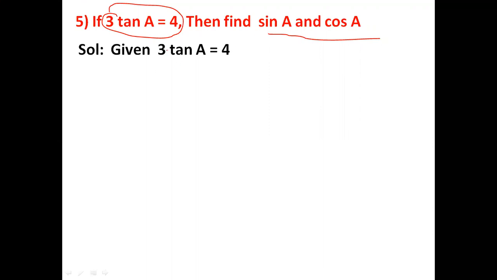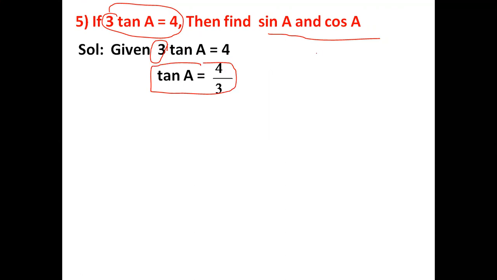If 3 comes to the right side, then it becomes 4 by 3. The next step is tan A is equal to 4 by 3. So from this you have to find sin A and cos A.